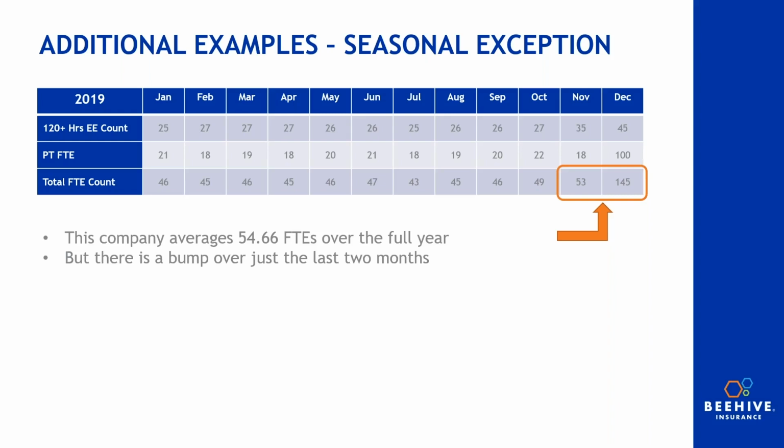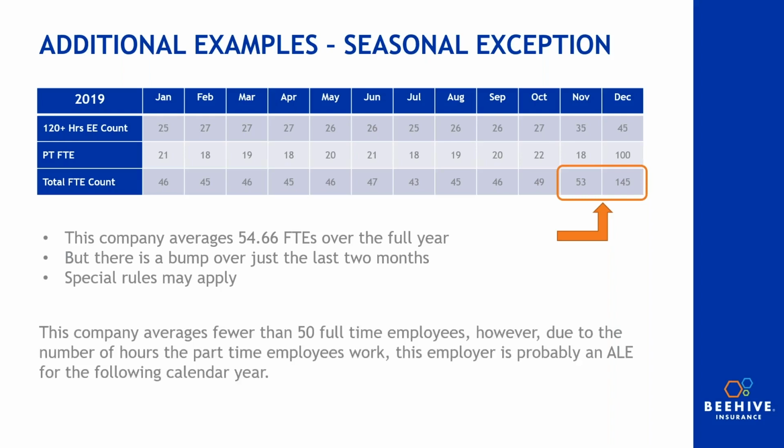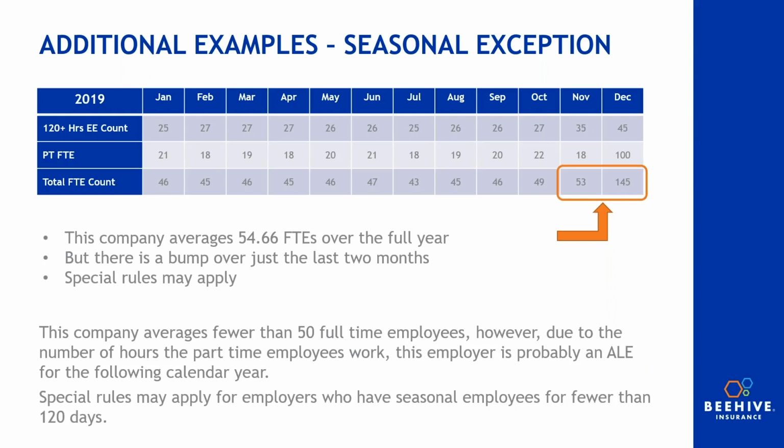So because there is just that bump and it is just over those last 2 months, special rules may apply. Due to the number of hours the part-time employees work, they are probably an ALE, but again, the special rules may apply. They will only apply if this employer only has a count greater than 50 for less than 120 days.